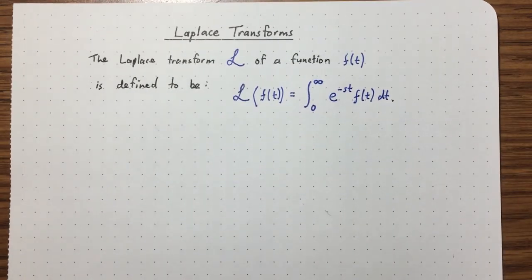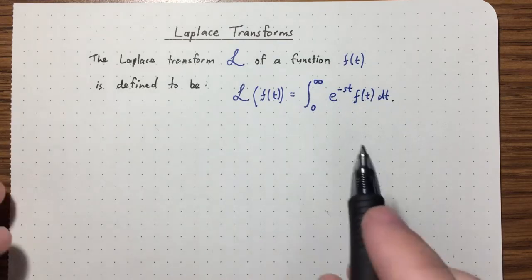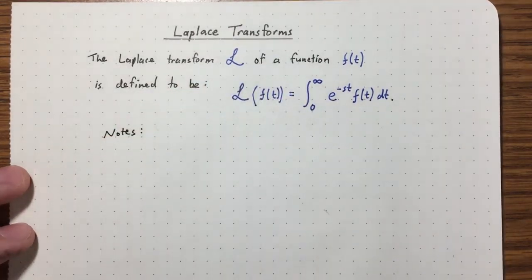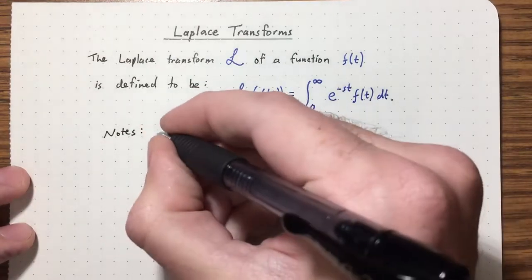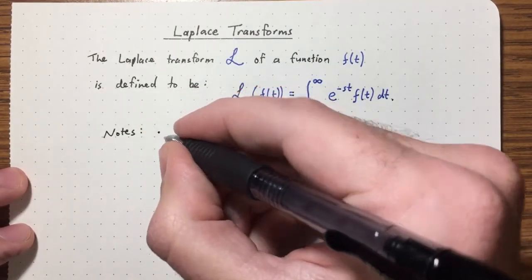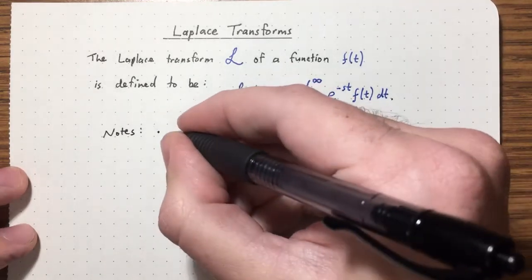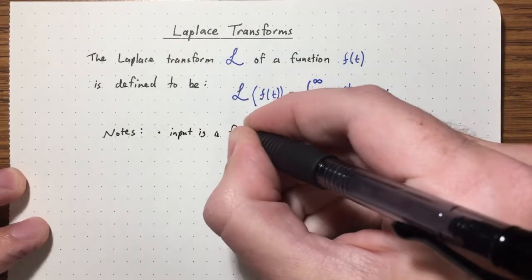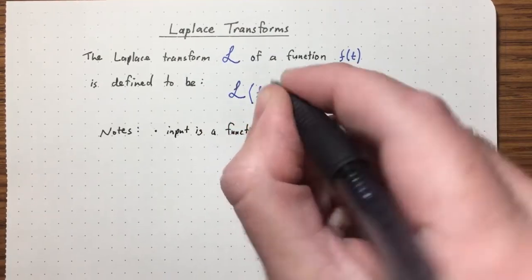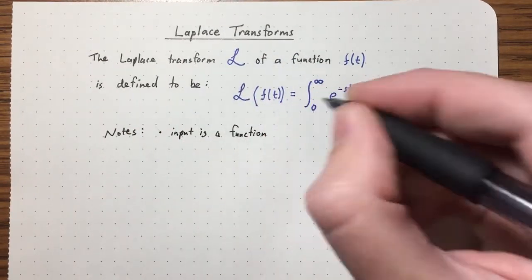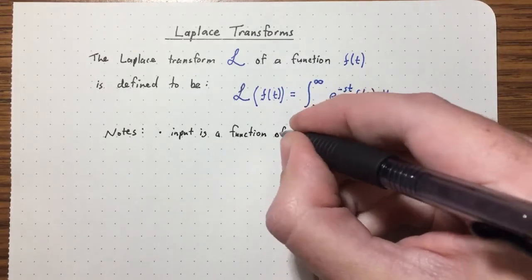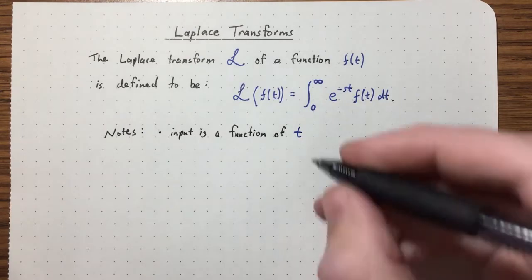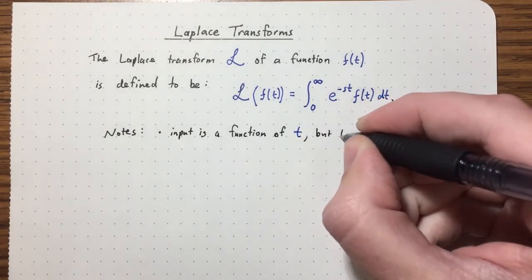Let's stare at this formula for a bit and make a few notes. The first thing to note is, what is the input and what is the output? The input is a function of the variable t, as we said. That's what we mean by a transform. But what about the output?